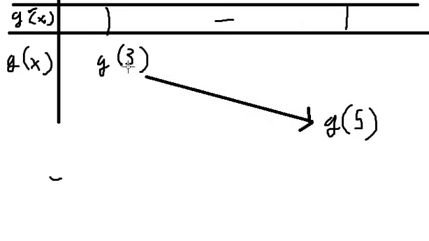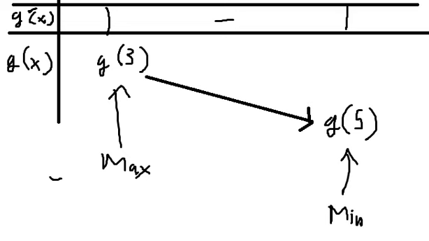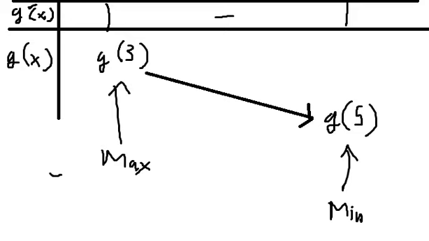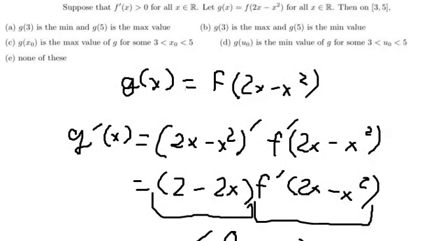So based on this table, we can see that this one should be the maximum. This one should be the minimum. And now we can get the final answer for the question.